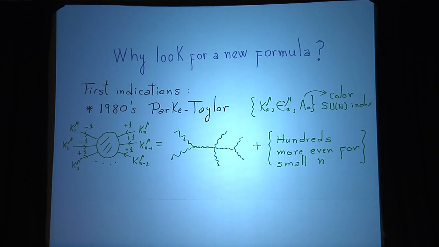But the first indications that there is something deeper behind Feynman diagrams or behind scattering amplitudes came in the 80s when Parke and Taylor, just out of the need of calculating amplitudes for colliders, studied the scattering amplitudes in Yang-Mills, where the data that you have to use are momenta for each of the particles, the polarization vectors, and the color structure.